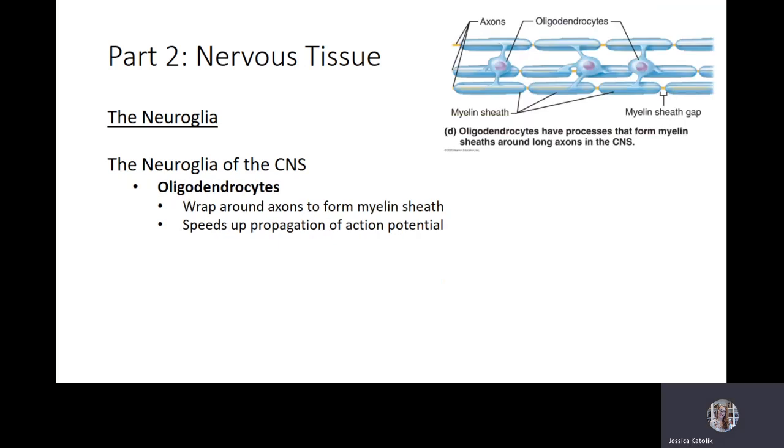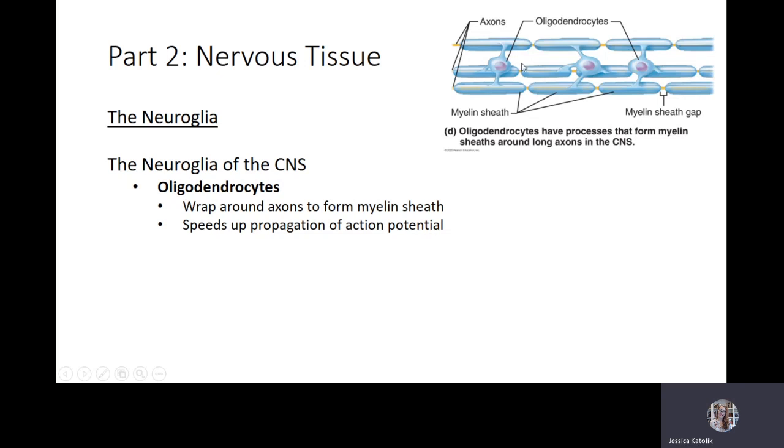The last type of neuroglia that is in the central nervous system is called an oligodendrocyte. Note that there is the word dendro in this name again, dendro meaning branches and cyte meaning cell. And oligo means a few. So oligodendrocyte, when we translate the name, means a cell with a few branches, which makes sense.